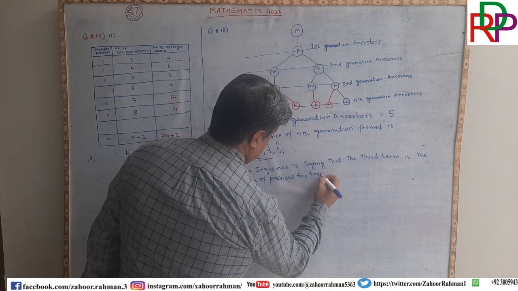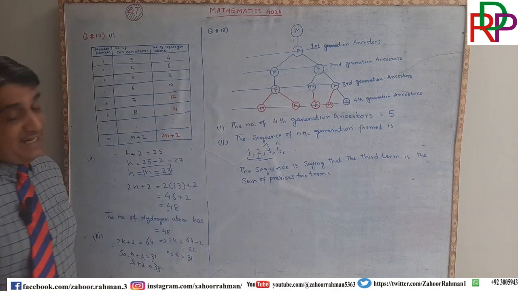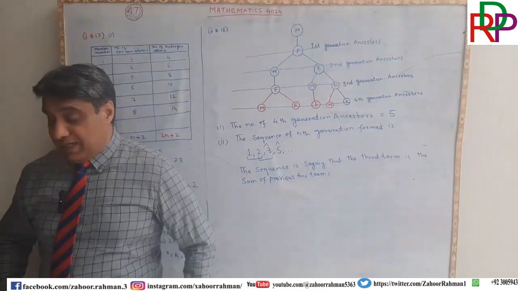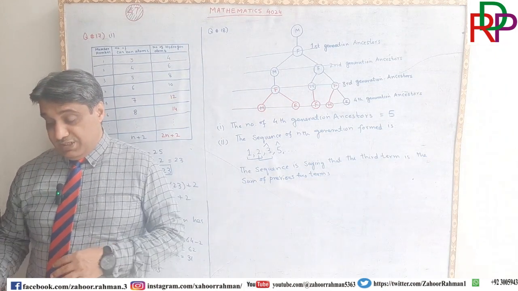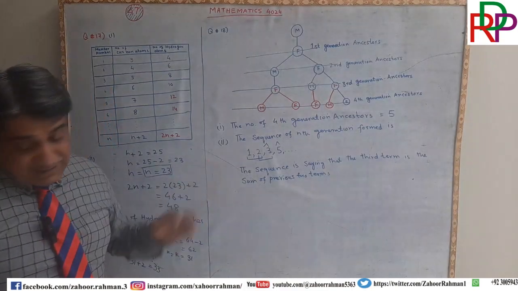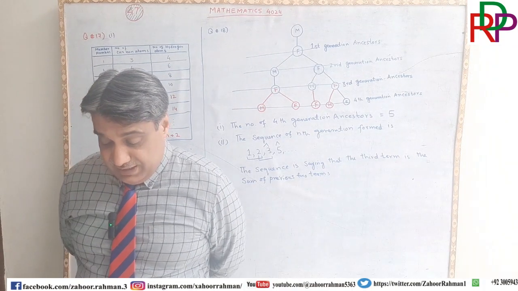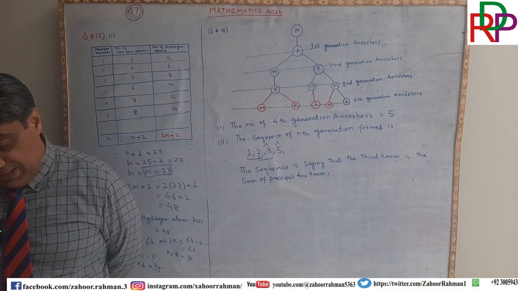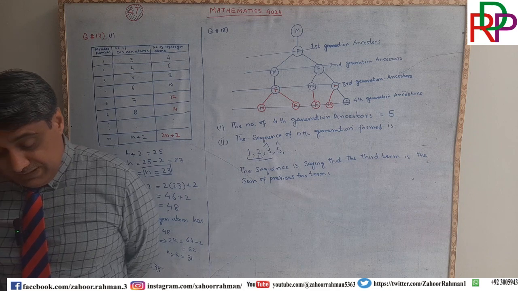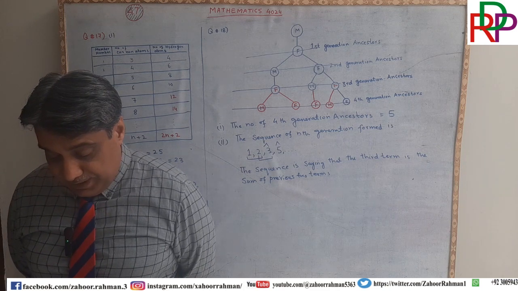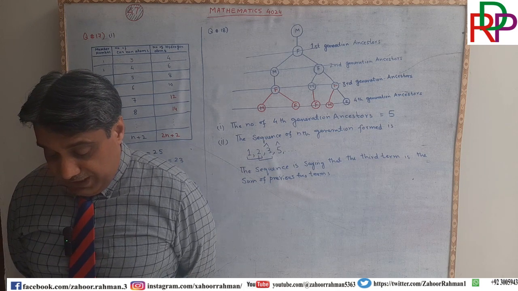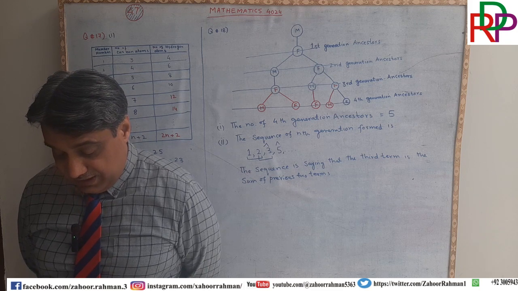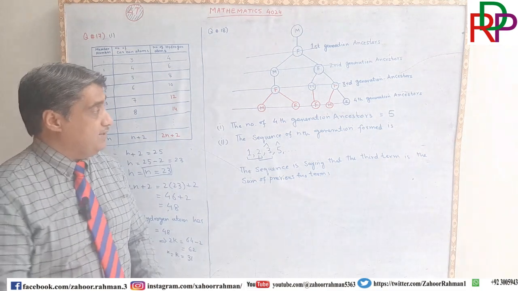This is an interesting one. So they are telling you in part number 3, that was part number 2. In part number 3, predict the number of fifth generation ancestors that a male bee has. Verify your answer by drawing fifth generation ancestors in the above model.